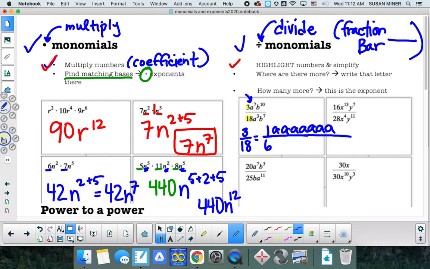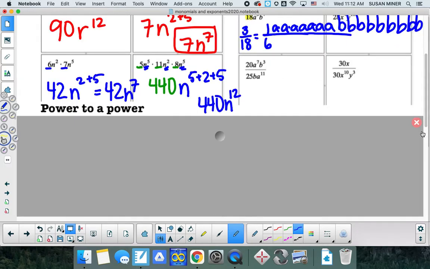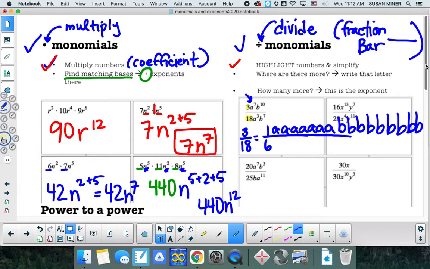And then I have 10 b's, 1, 2, 3, 4, 5, 6, 7, 8, 9, 10. Oh boy. And these are all being multiplied together, right? All of these b's are being multiplied together. And then on the bottom, I have 3 a's, and they're all being multiplied, and then 7 b's.